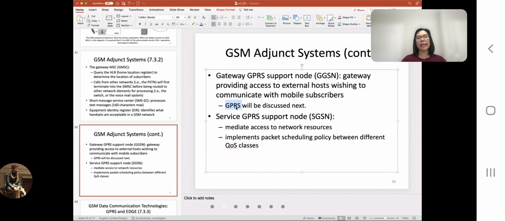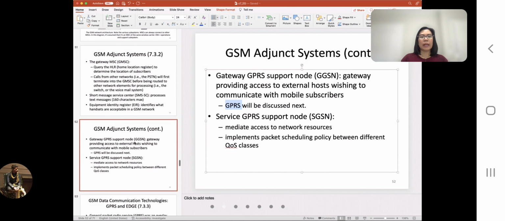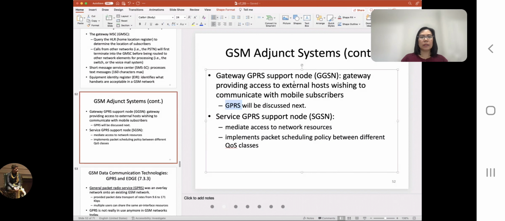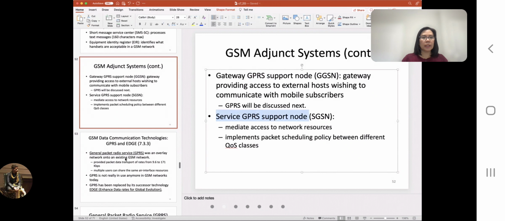Not voice. This is data. Okay. So now we'll talk about GPRS, and then we will see where the gateway GPRS support nodes and the service GPRS support nodes are located, and what they do. Okay, what can they do for the network?